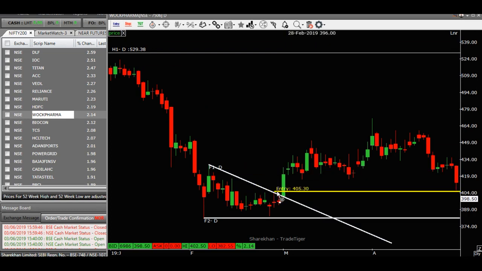So I enter on the breakout, stop loss can go, we can keep it here midway, right? If you don't want to risk too much. And my targets can be the swing highs, or simply keep it right here, right where the triangle starts forming. That will be my final target.